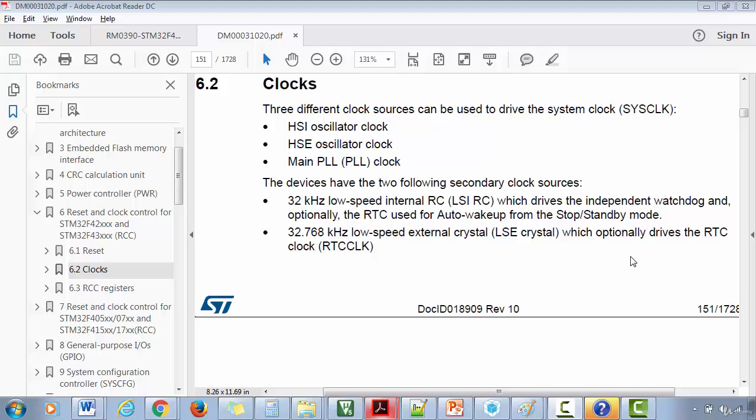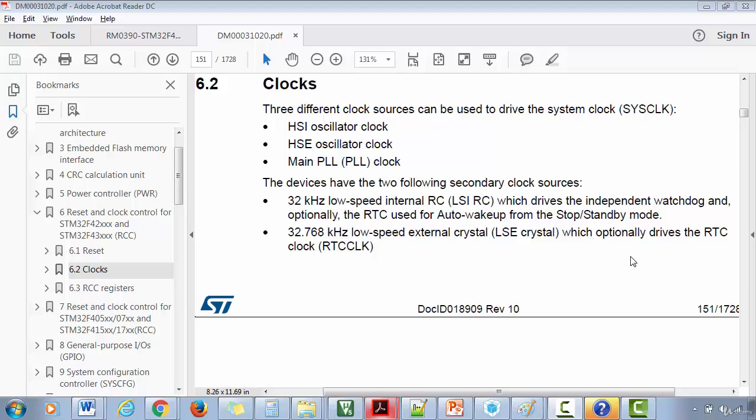But what are clocks basically? Clocks are nothing but square wave signals of a certain frequency, isn't it? And for your application, selecting the right kind of clock will be very important, because if your application is a low power application, that means you are targeting a low power domain, then you may have to be careful with the frequency of the clock which you are using to run your application, because there is a relationship between power consumption and the frequency of the clock, which I'm not going to touch.